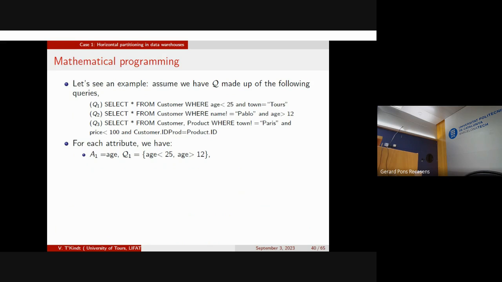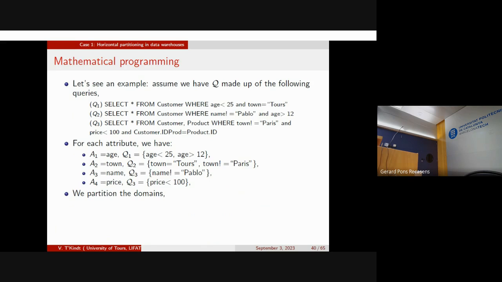So for the first attribute, which is age, we have Q1: age strictly lower than 25, and also age greater than 12. For town, we have equal to Tours, not equal to Paris. For the name, we have different from Pablo, and for the price, strictly lower than 100. This is what we have from all the queries.